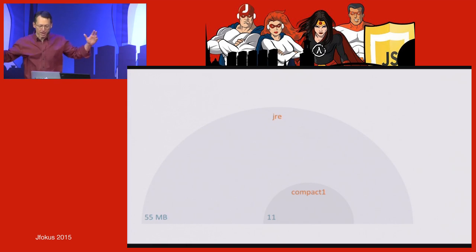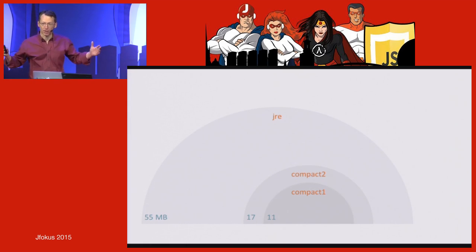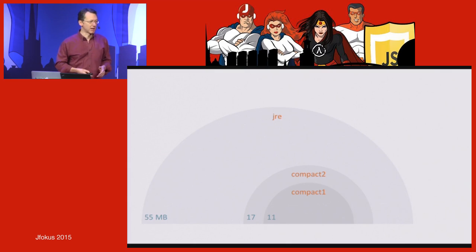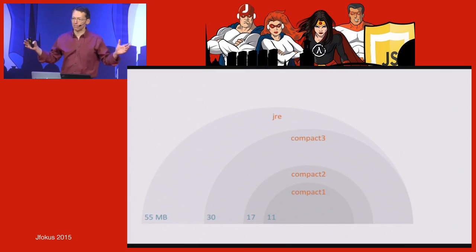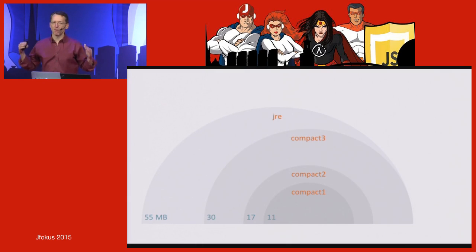Around that, there's Compact 2, which adds a bit more stuff and costs another 6 megabytes if you want to carry that around. And then Compact 3 is 30 megabytes. Compact 3 is just about everything except the desktop. So if you have an application that's not using Swing, AWT, or 2D, or Beans, the Beans introspection stuff, which sadly is deeply in bed with all that, then Compact 3 will actually probably do the trick.